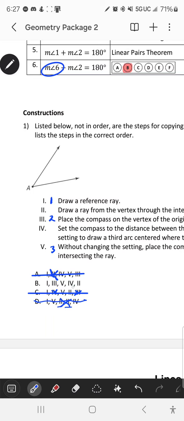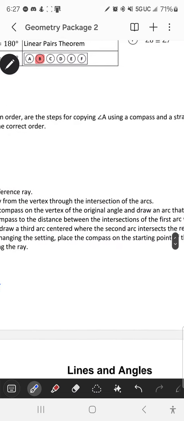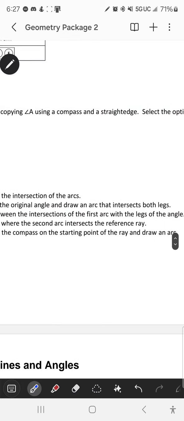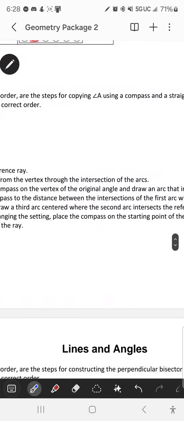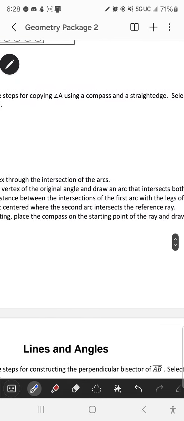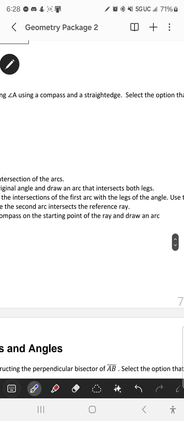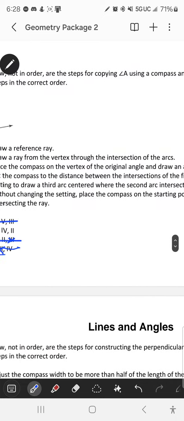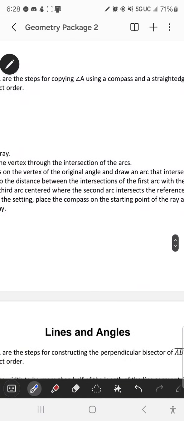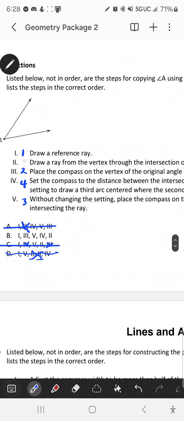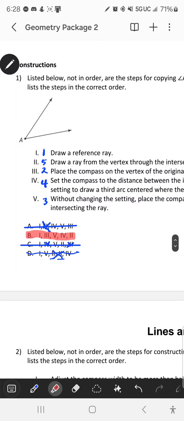Then 4: set the compass to the distance between the intersection of the first arc with the legs of the angle, the original one. Now use this setting to draw a third arc centered where the second arc intersects the reference ray. Yes, this also makes sense. Then, draw the ray from the vertex to the intersection of the arcs. This is obviously our last step.